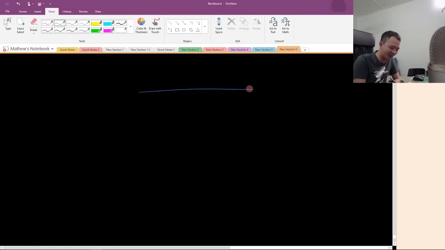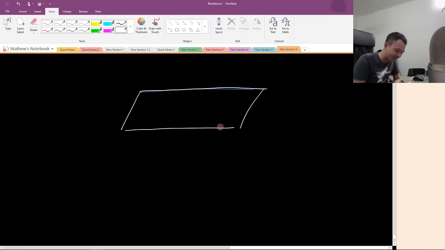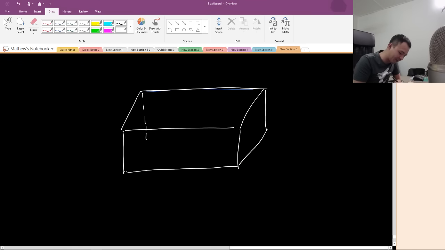So let's say I have a cuboid. Let me draw a cuboid here. This cuboid is so ugly.